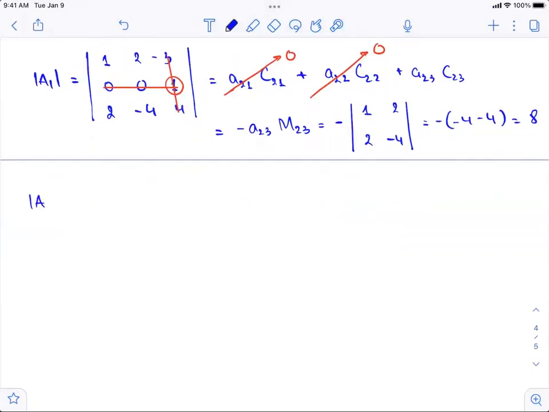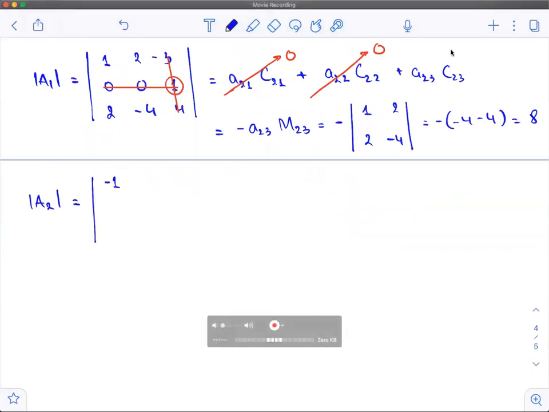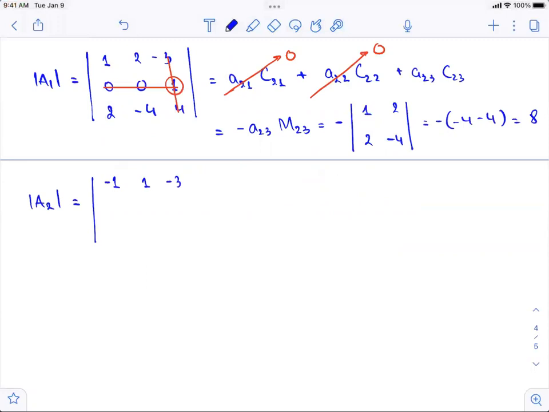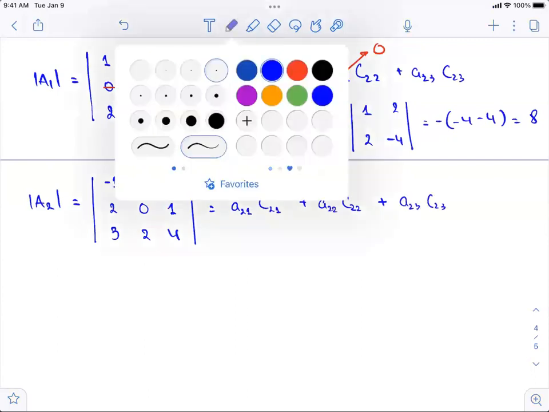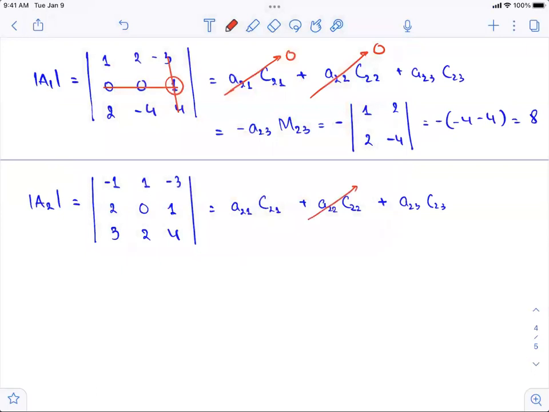Now for the determinant of A2, you get -1, 1, -3, 2, 0, 1, 3, 2, 4. I'm going to still use this second row to work with. So you get A21 times C21 plus A22 times C22 plus A23 times C23. And we know that this term is going to be equal to 0 because A22 is equal to 0.